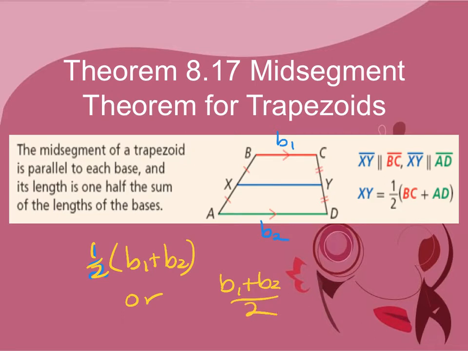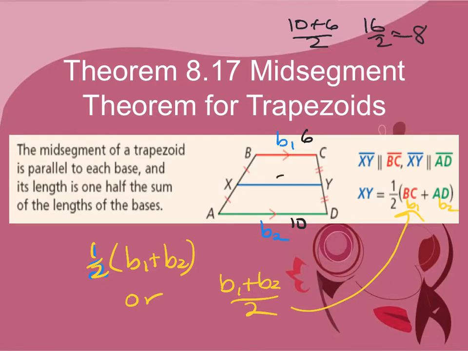Either way, that's what they're saying right here. They're just using the names of the segments to say that this is base 1 and this is base 2. So for example, if I told you that this was 10 and this was 6, you would take 10 plus 6, divided by 2, 16 divided by 2, and the midsegment would be 8.